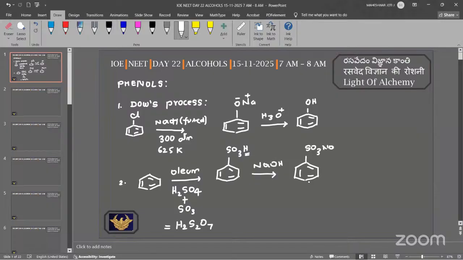Now sodium benzene sulfonate on treating with fused NaOH gives sodium phenoxide. Sodium phenoxide on acidic hydrolysis gives phenol.